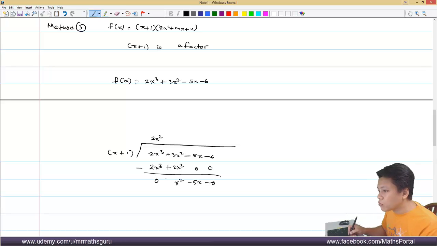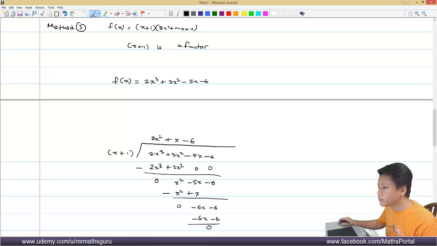And now we have x squared. So what multiplies x to become x squared? Yes, plus x. So x plus 1 times x becomes x squared plus x. Minus again, so it becomes 0, and this becomes minus 6x minus 6. So the next one is multiplying it with minus 6. So it becomes minus 6x minus 6, so it becomes 0.